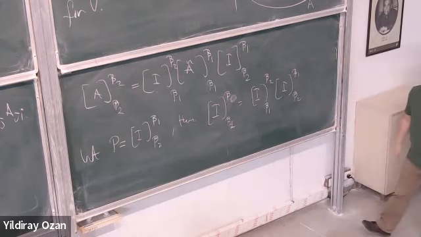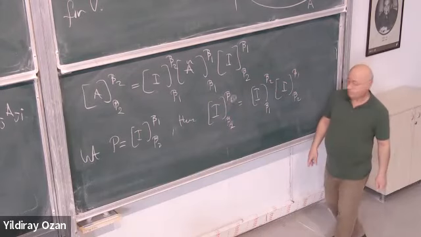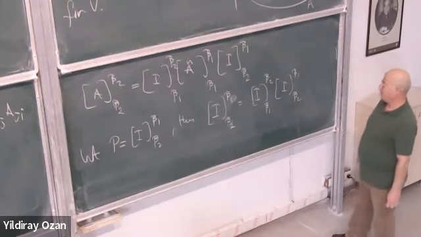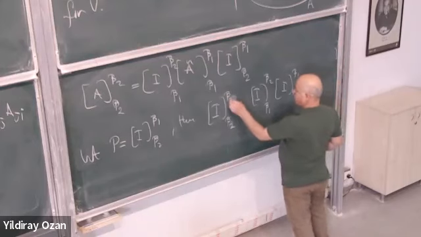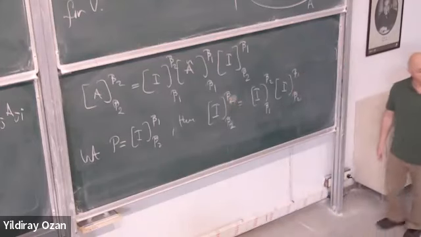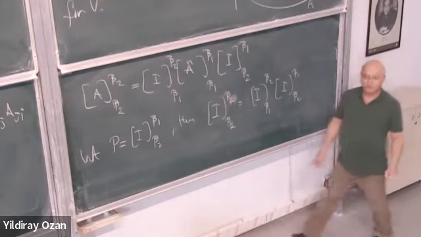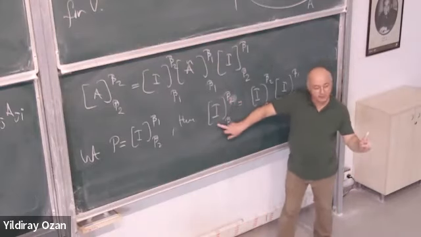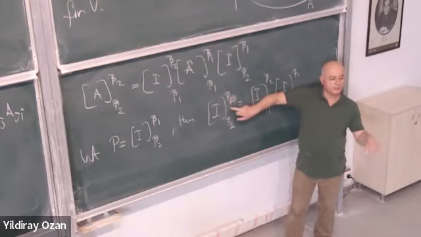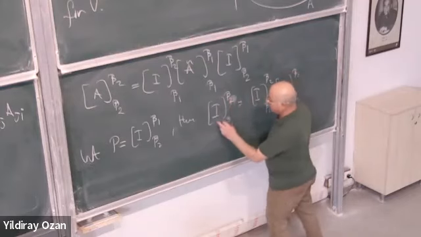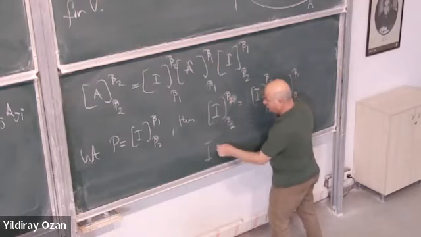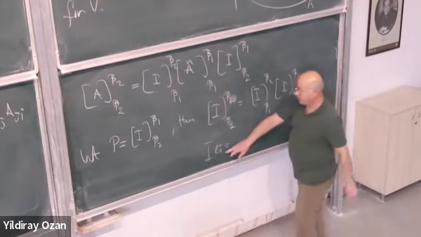I can write this. What is this? Identity map from a basis to itself. So if I put here I of E_I, then what is this?